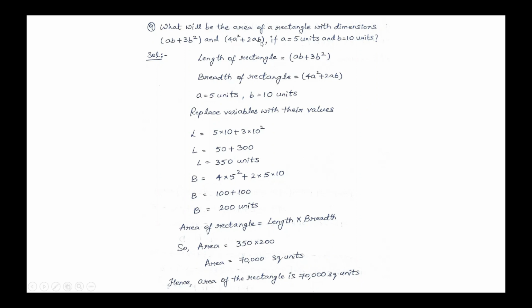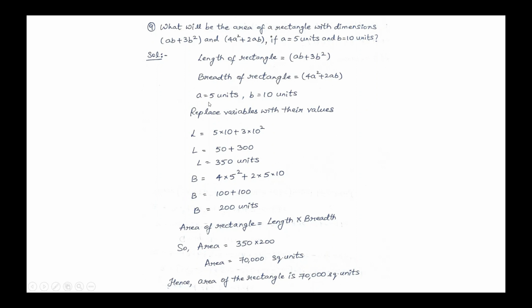The ninth question is, what will be the area of a rectangle with dimensions ab plus 3b square and 4a square plus 2ab, if a is equal to 5 units and b is equal to 10 units? The solution is, we are given that the length of the rectangle is ab plus 3b square and the breadth is 4a square plus 2ab.